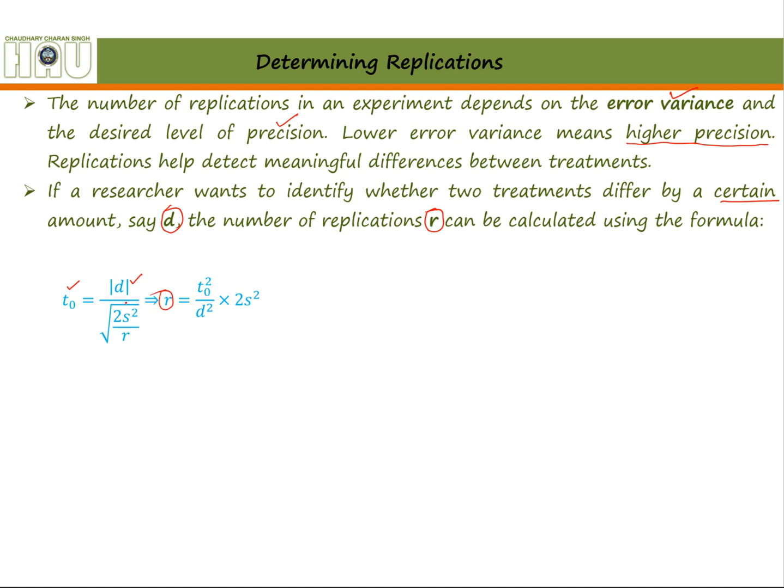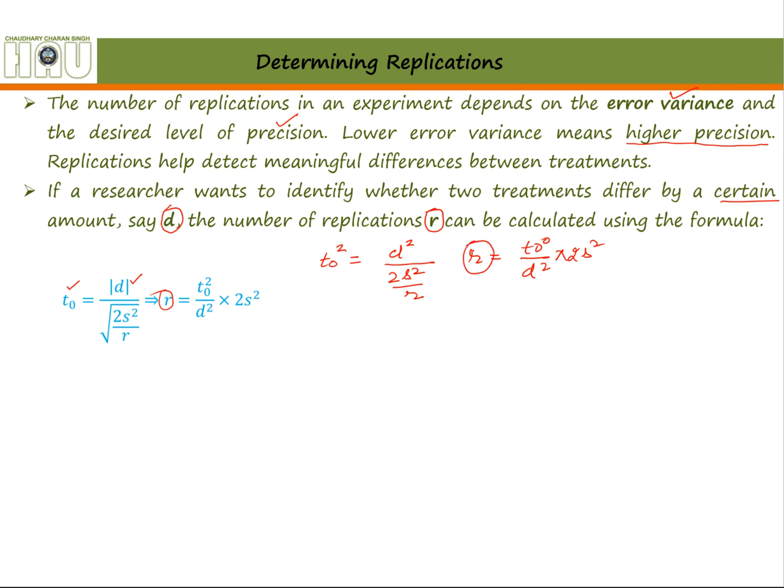If I square both sides, then t square will be equal to D square upon 2S square upon R. If I solve this in terms of R, then R is equal to t square, and D square goes down, so it is t square into 2S square upon D square.